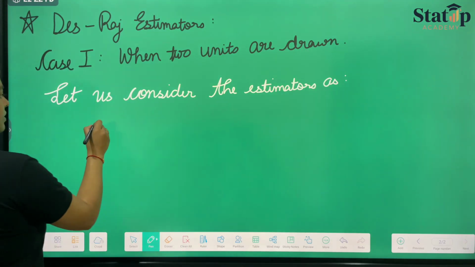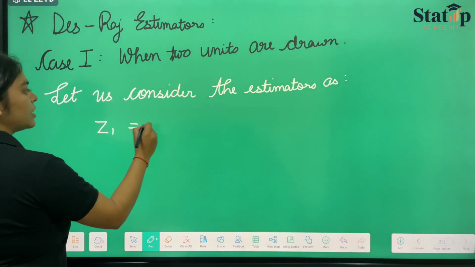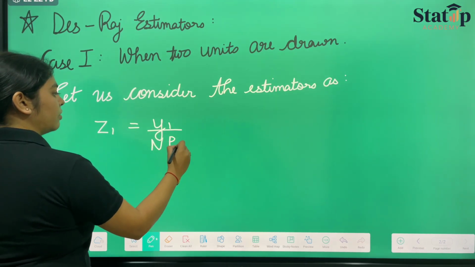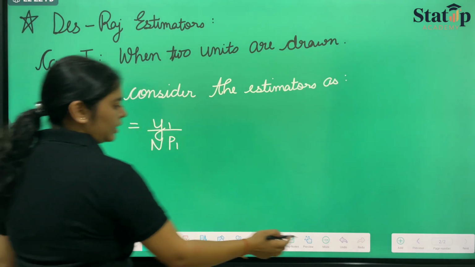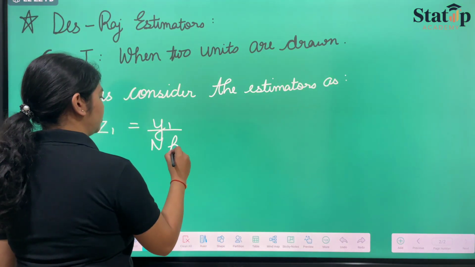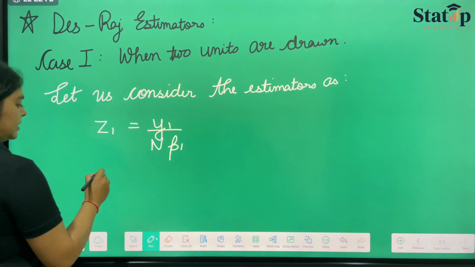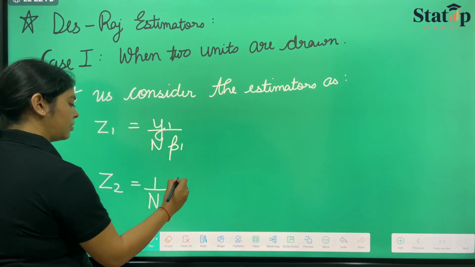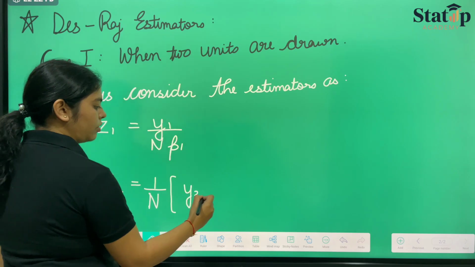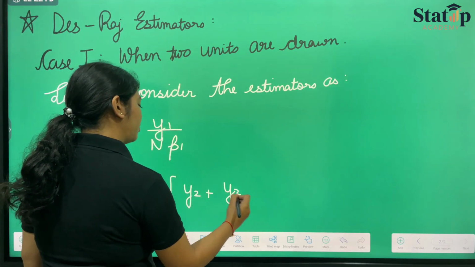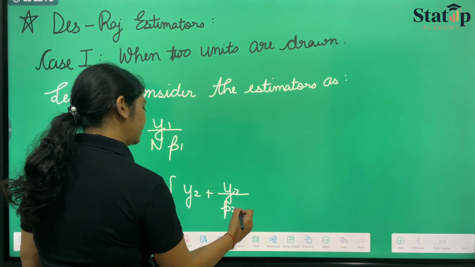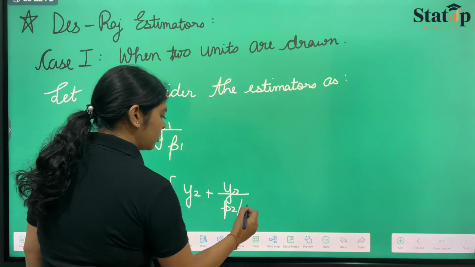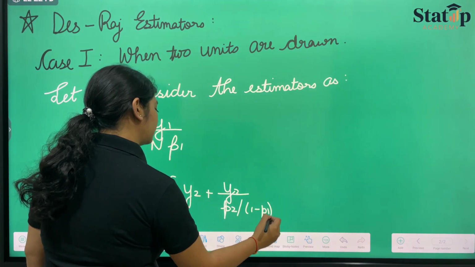The first estimator is z1, which is nothing but y1 upon np1, where p1 is small. And the second estimator is z2, which is nothing but 1 upon n times y2 plus y2 upon p2 into 1 minus p1.